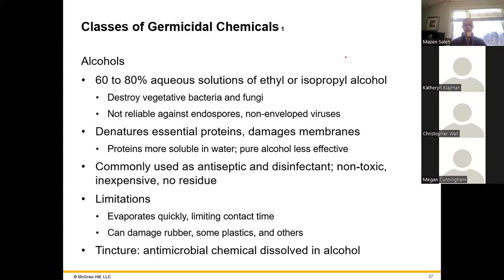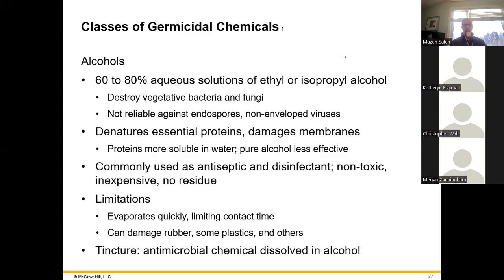It does evaporate quite quickly, so it may evaporate before killing the microbes. Although it may denature some of the surface components of the microbes, it does not penetrate. It doesn't stay long enough to penetrate the cell and actually kill it. And it's more toxic at 100% than 70%.